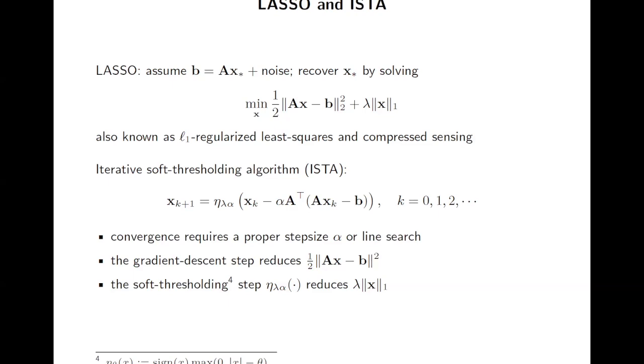So basically, what's the function of lambda? When you put in a lambda, what's the difference between the solution here compared to the least squares solution? The lambda here is to balance the two terms, to balance whether you want to fit this term, which means the least squares.